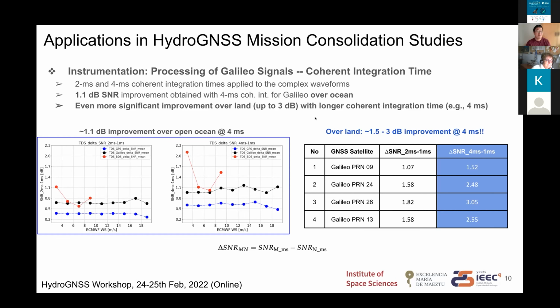We have also selected a few tracks over land and found that by using 4 millisecond coherent integration, we can get an even higher signal-to-noise ratio improvement, from 1.5 dB to even 3 dB. I think this may be due to the coherent component of the land reflections. So in the implementation of the instrument, it was suggested to use a longer coherent integration time.